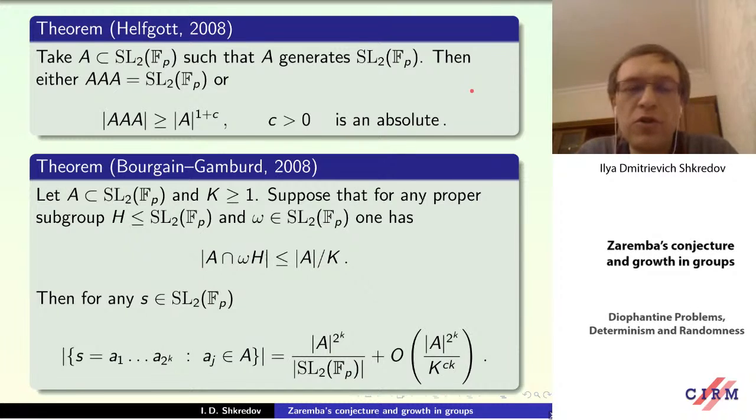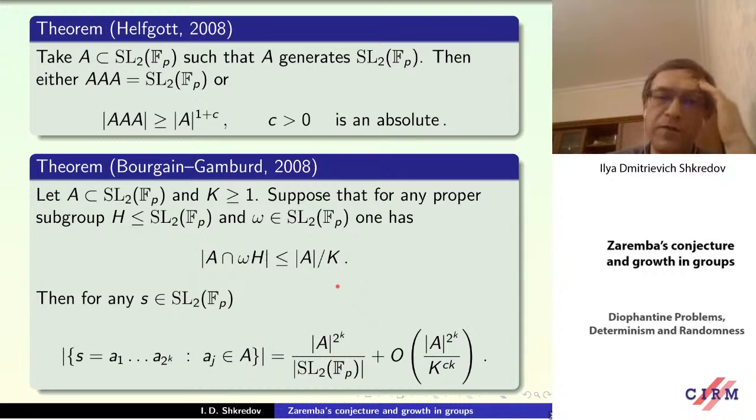So Bourgain and Gamburd showed that if I have a set A which doesn't belong to any coset of a subgroup, in a very strong sense, I mean that if I consider any coset of any proper subgroup H, then the intersection of A and this coset is less than A. So A doesn't live in any coset. Of course, it implies that A is a generating set, but it's a stronger assumption.